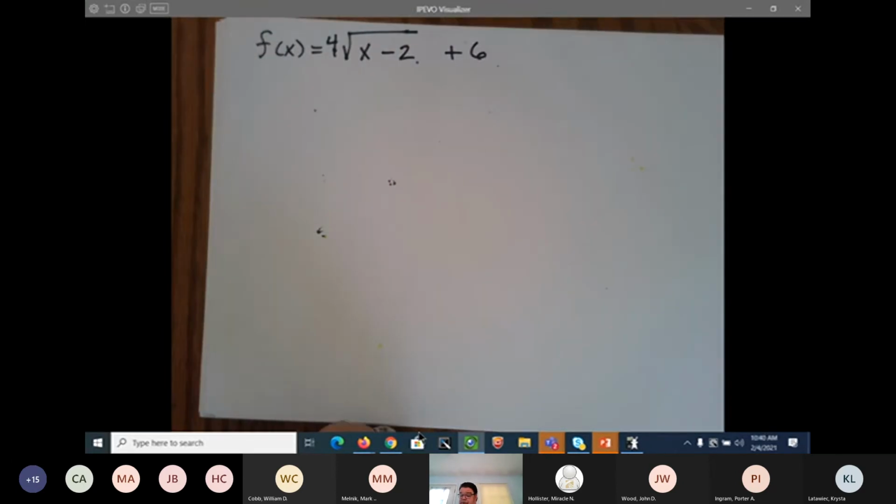Okay, first of all, the negative 2, we'll do that in orange. The negative 2 tells us that we have a horizontal shift to the right of 2 places.